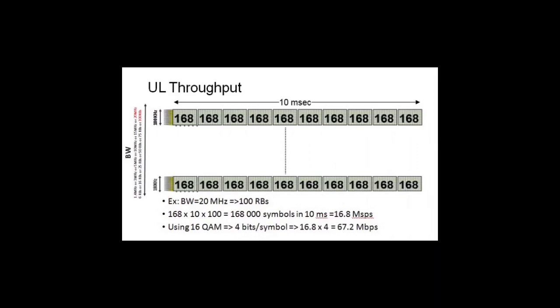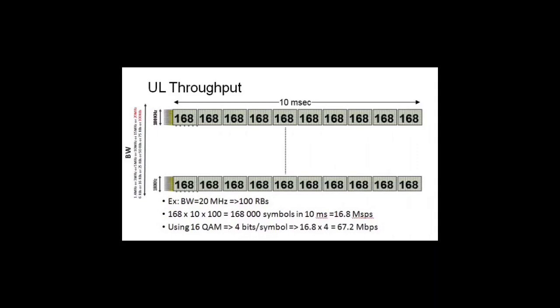Same idea in uplink, but note that in first LTE releases, the UE didn't support 64 QAM nor MIMO. We have 6 available bandwidths and their corresponding number of resource blocks. In this example, we take 20 MHz, so we have 100 resource blocks, and we have 168 symbols in each subframe, and we have 10 subframes.